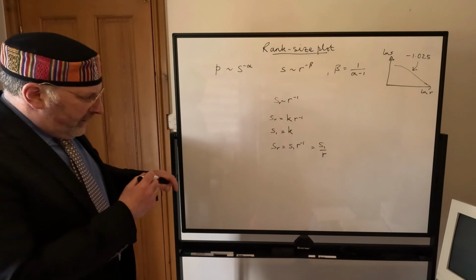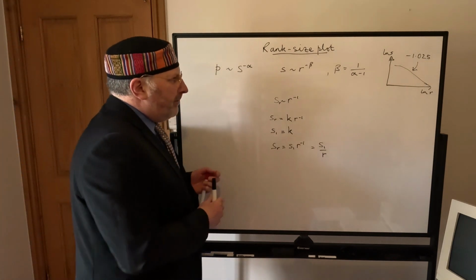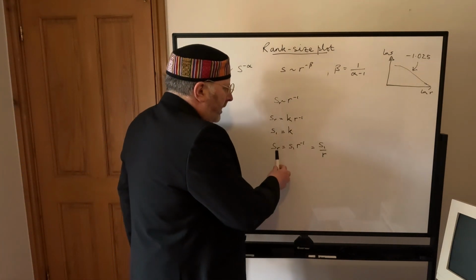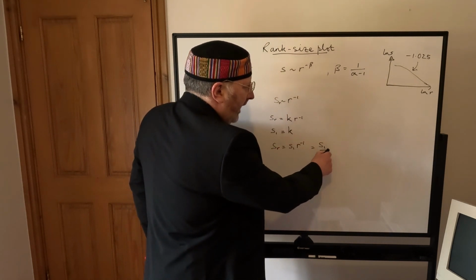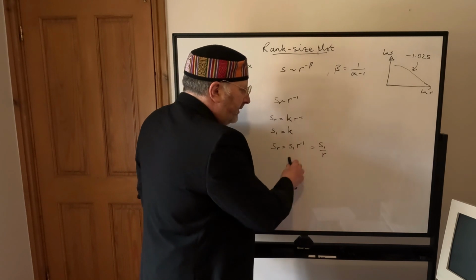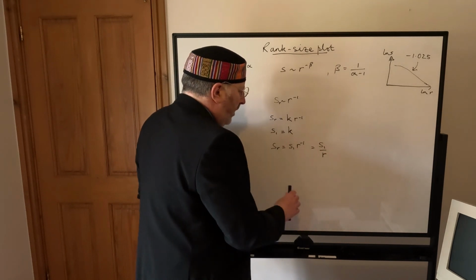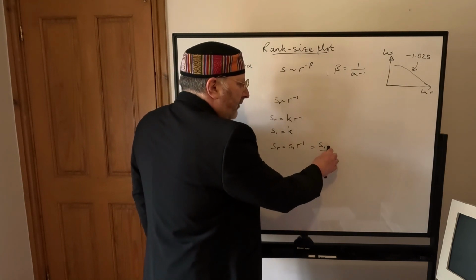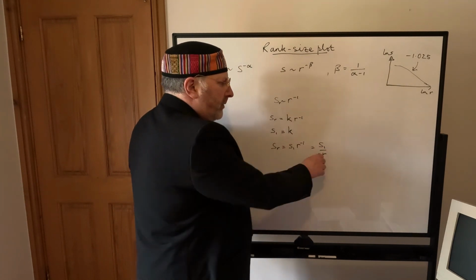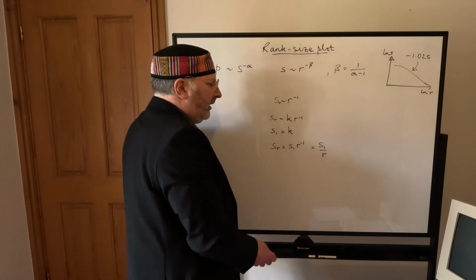Well, this means then that a very simple rule: the item of rank 1 has a size S1. The item of rank 2 has S1 over 2. So in other words, it's just half the size of the largest.